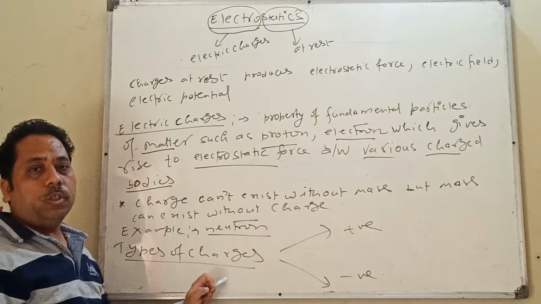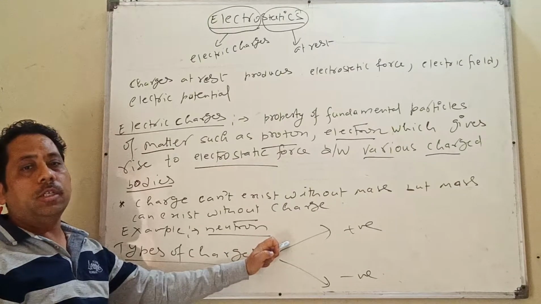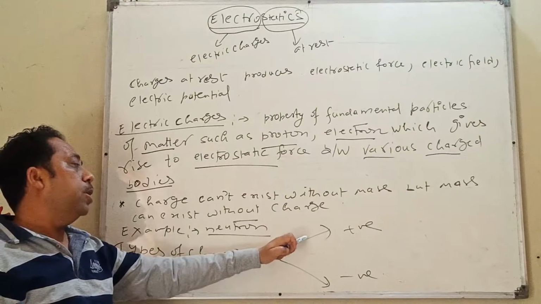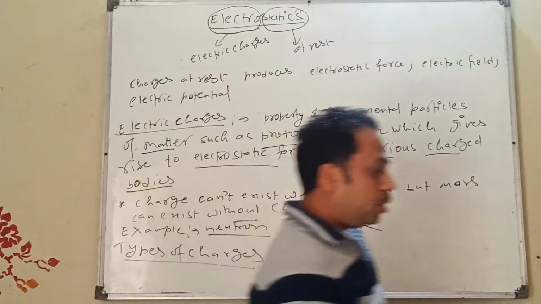Now, types of charges. We can have two types of charges: one is positive and another is negative.